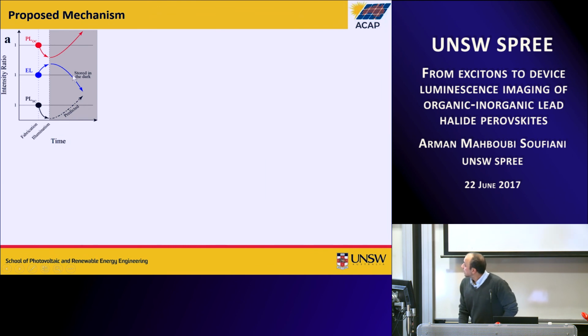Okay, I will briefly explain the mechanism underlying these effects. Here you can see the evolution of the luminescence intensity ratio for a device. For the EL, I showed initially when you fabricate a device, you have an EL intensity, and then when you illuminate the region, EL intensity increases, and over time drops.